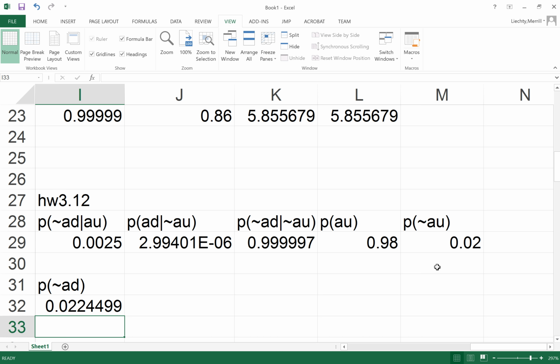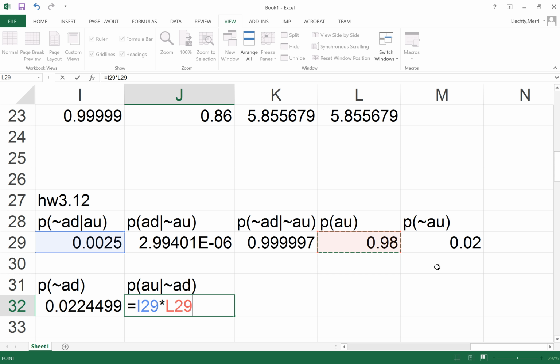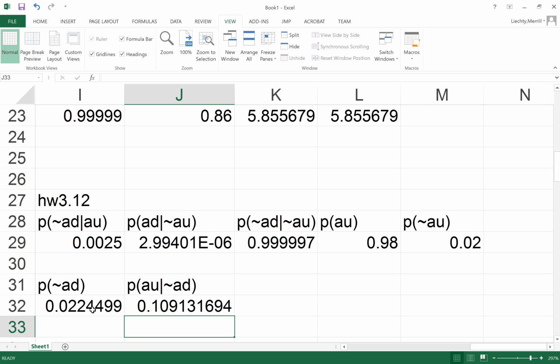Okay, so what do we want now? We want the probability of being authorized given that you're not admitted. And this is just going to be equal to the probability of not being admitted given that you're authorized times the prior probability of being authorized. This is 0.98. And all of that's going to be divided by that 2%. What's that?